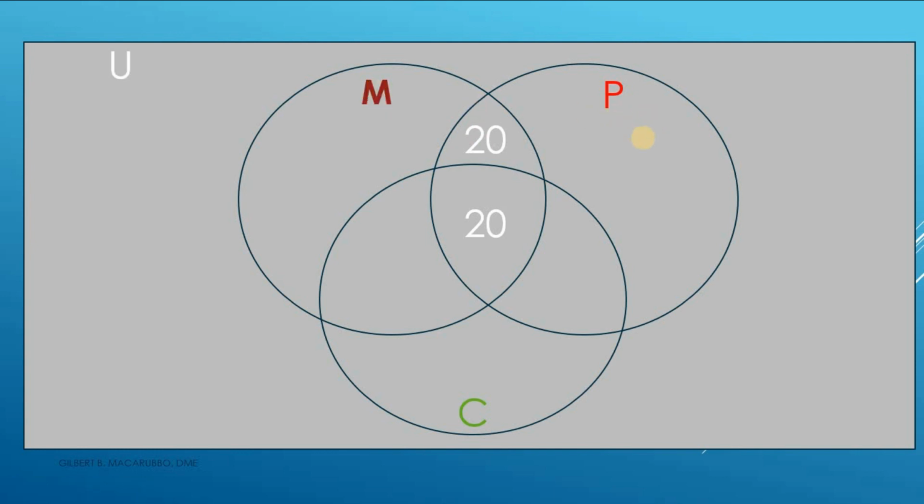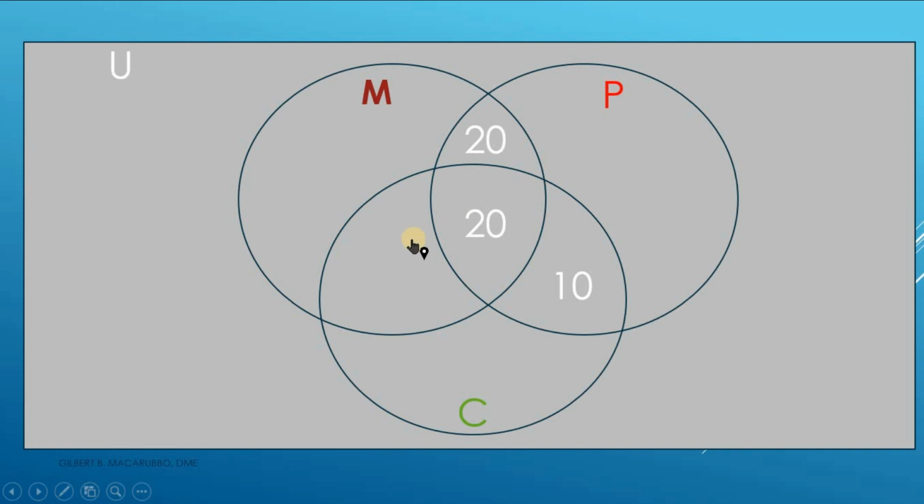And next, we have here the physics and chemistry. So in physics and chemistry, 30 students like to study physics and chemistry. Since 20 is the intersection, ilan pang idadagdag natin to make it 30? So we have 10.